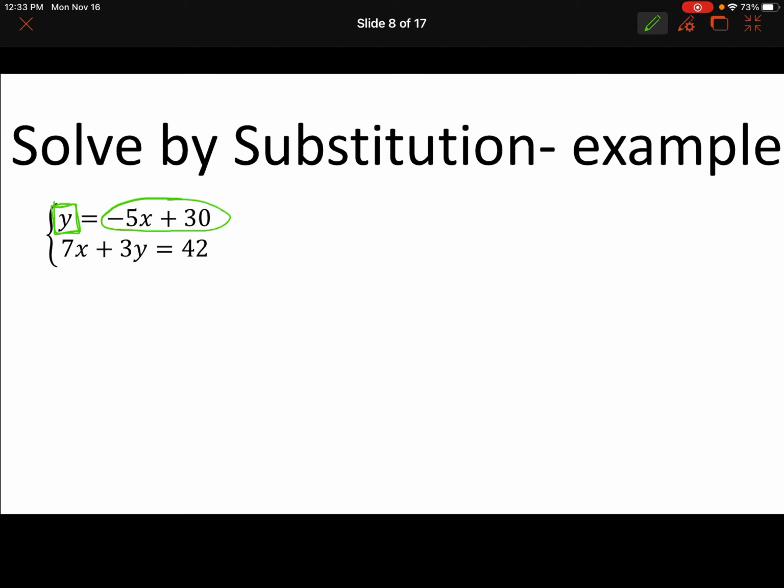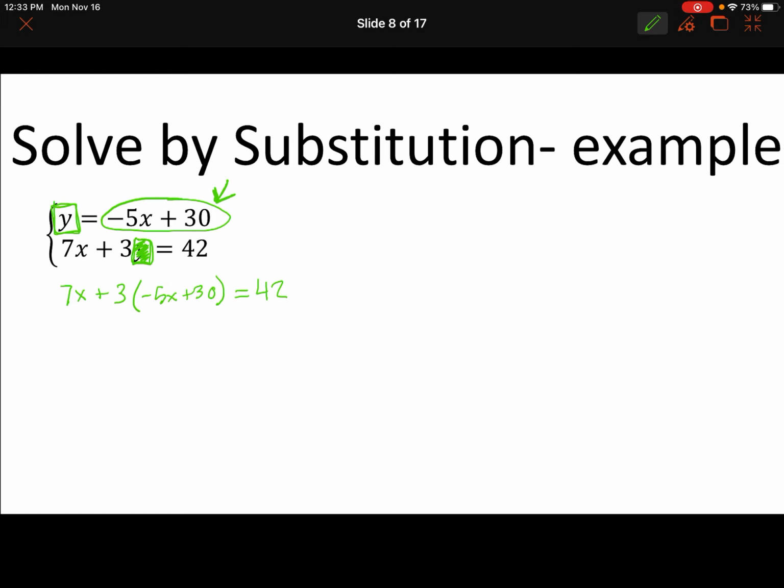So anytime I see a y, I can replace it with all of that stuff that I circled. So we're going to take the other equation, the second equation, 7x + 3, and instead of y, I'm going to take y completely out and replace it with what y is equal to, all of this stuff that I circled, -5x + 30, and then continue my equation.